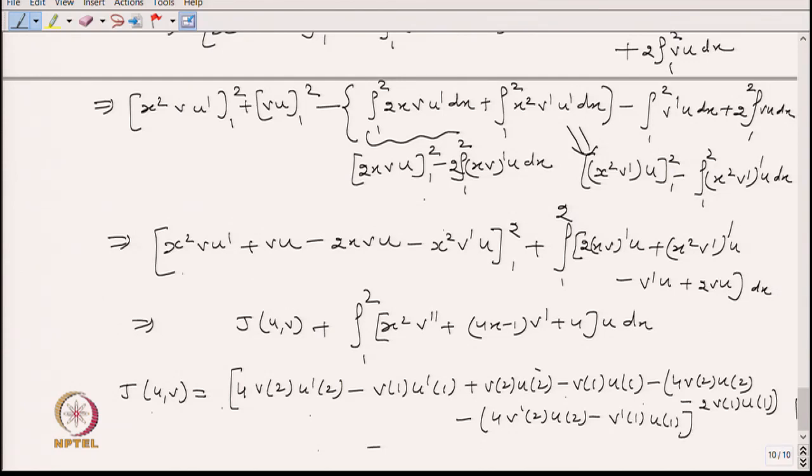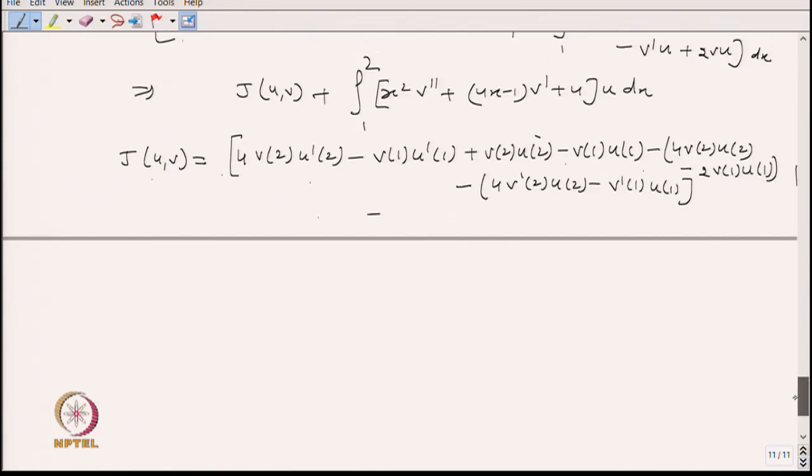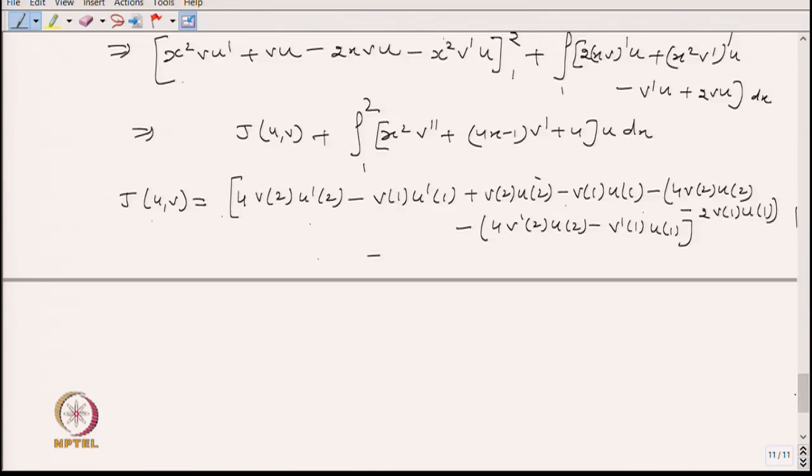So, that is my given quantity. From here, this quantity will be 0, this quantity will be 0, this quantity will be 0. So, we are left with only the rest.